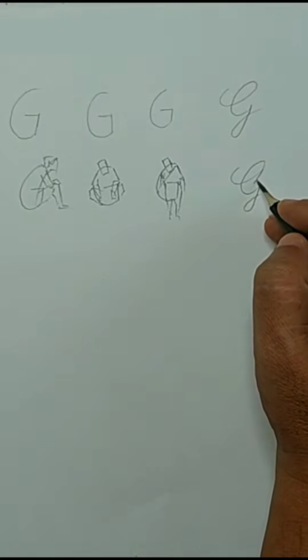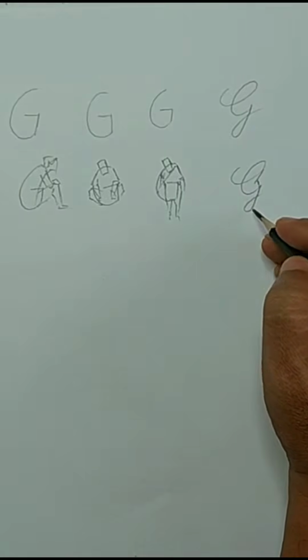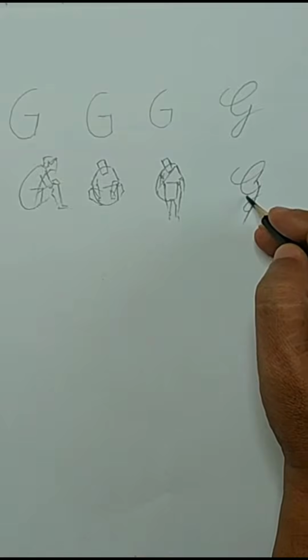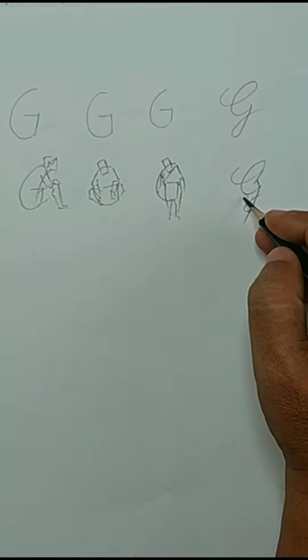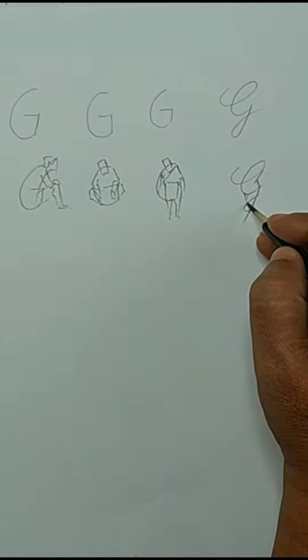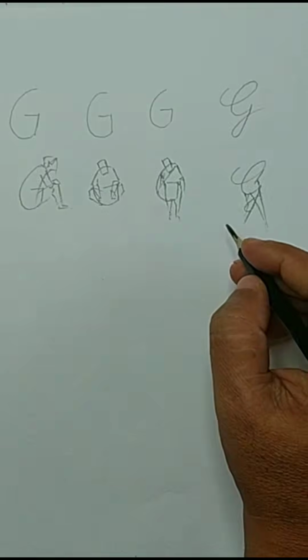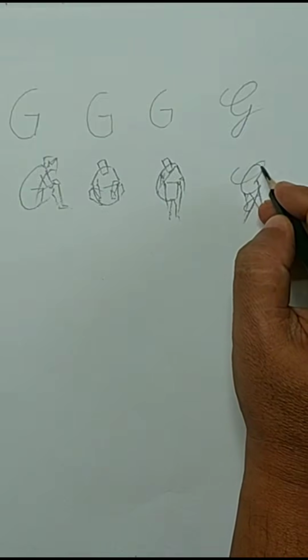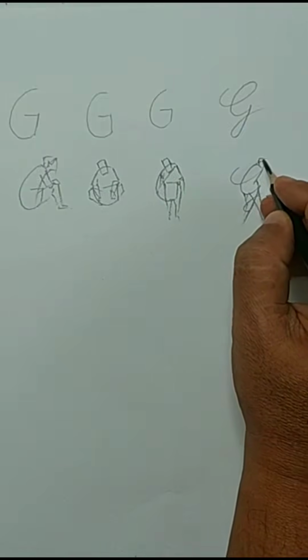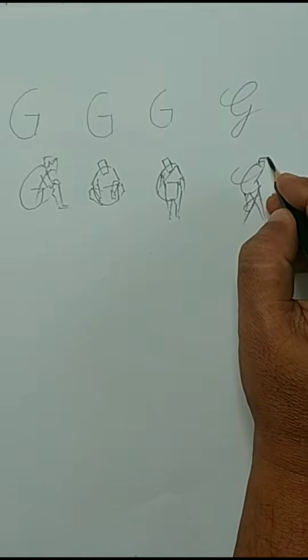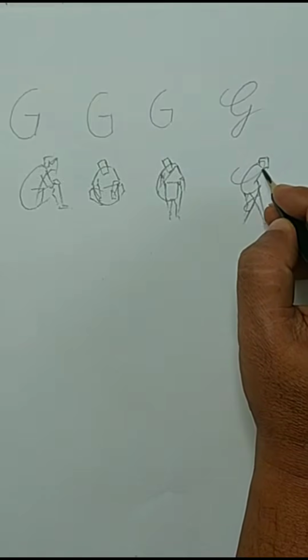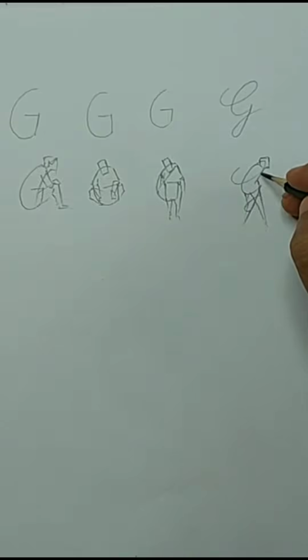What to do? Okay. Maybe this is the hip and leg, probably, and this, where could be the other leg? Maybe one leg to the side and one leg moving away, and yeah, this could be the head, and we need to justify the position.